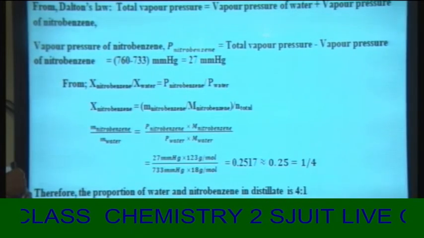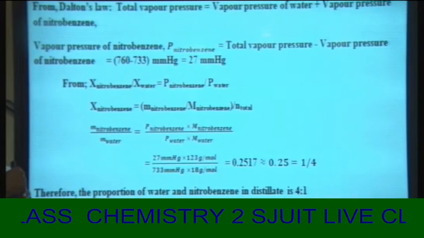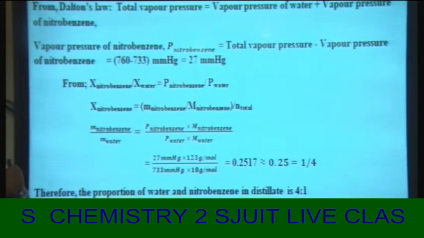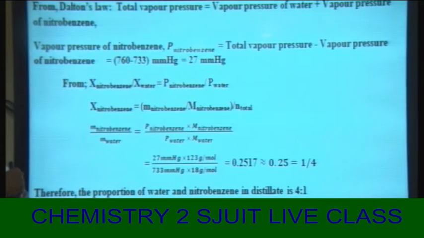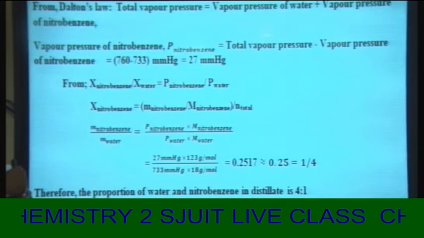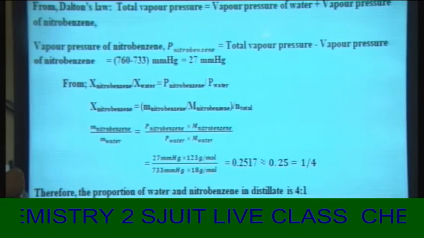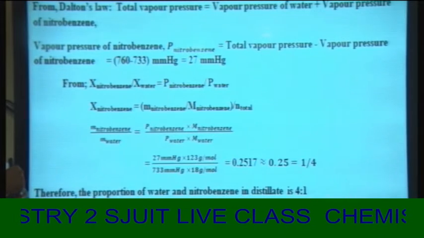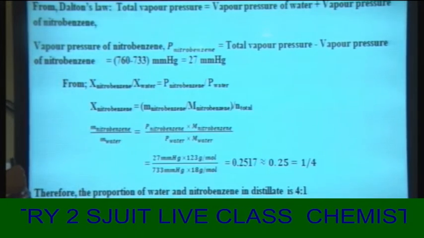Since we need the vapor pressure of either nitrobenzene or water in order to establish the proportion, we need to establish the partial pressure of nitrobenzene. That is the missing data.